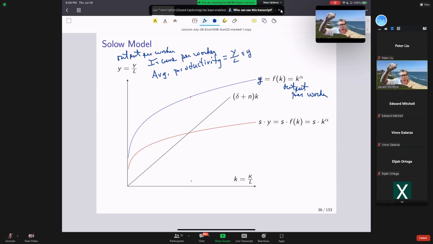It tells us what the average worker is producing, their average productivity. That's the y-axis, the productivity of the labor force in the country. The next is savings per worker.